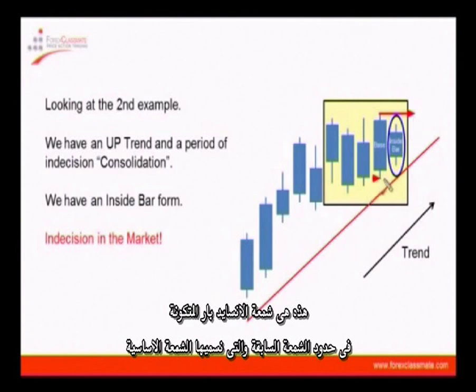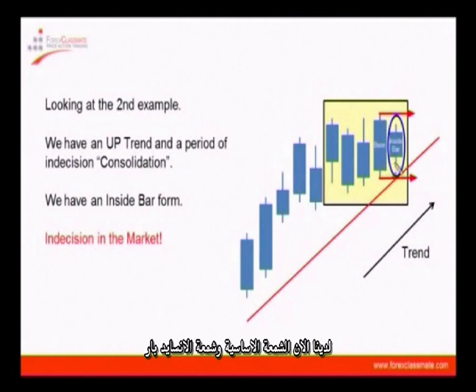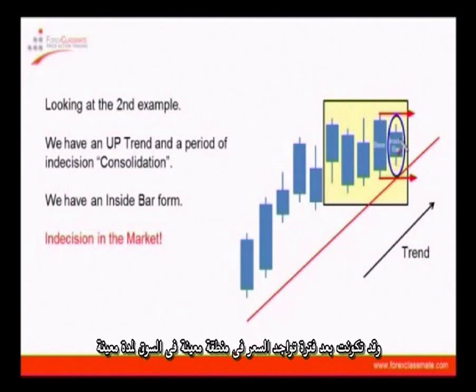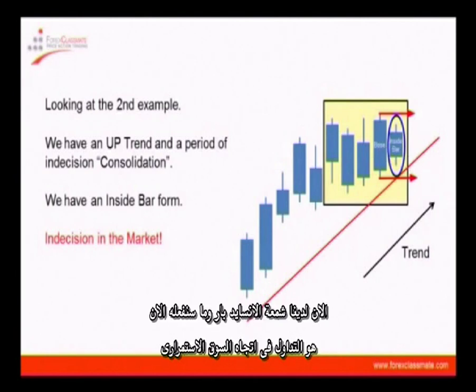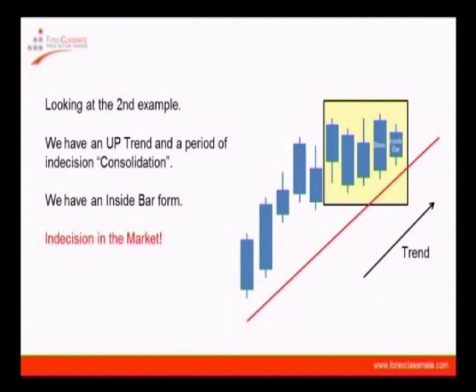So we're now going to call this candle our base candle, okay? So we've got the base candle, we've got the inside bar, and it's formed after a period of consolidation, a period of indecision within the market. So now we've got our inside bar set up, and we're going to look to trade this as a continuation in the trend.